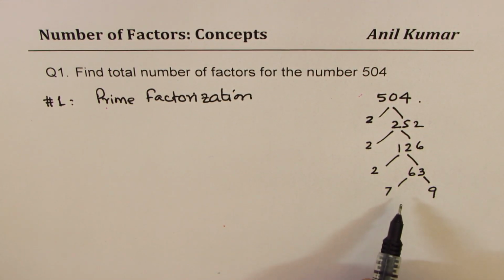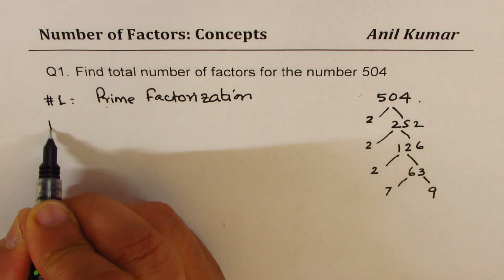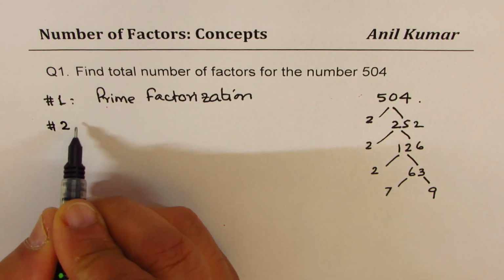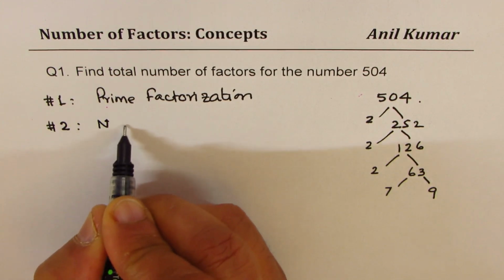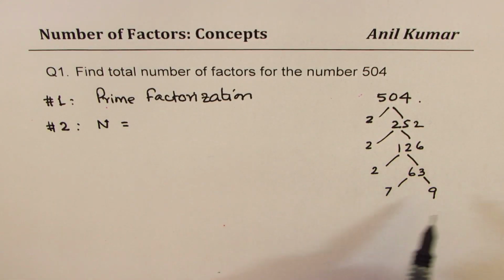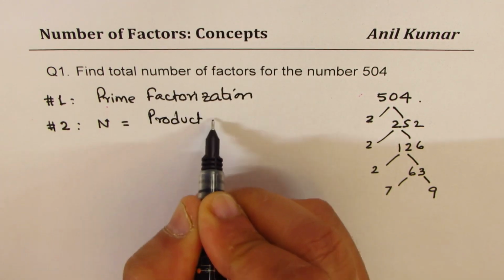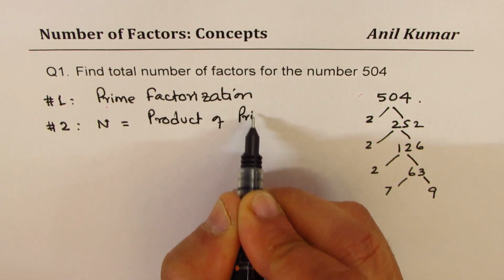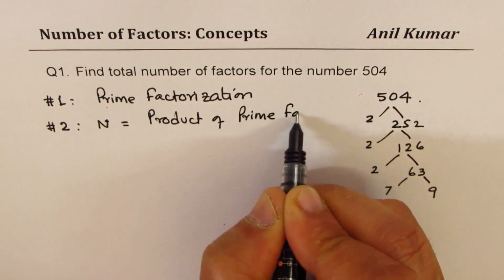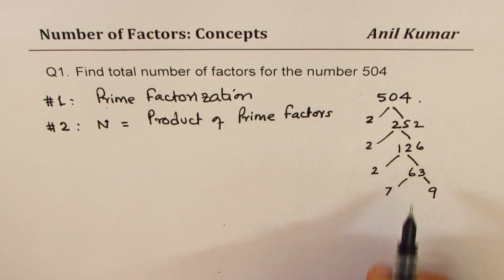Now, what we are saying here is that step number 2 is to write the number, let's say the number is n, as a product of prime factors, right? Do not include 1 in your list.